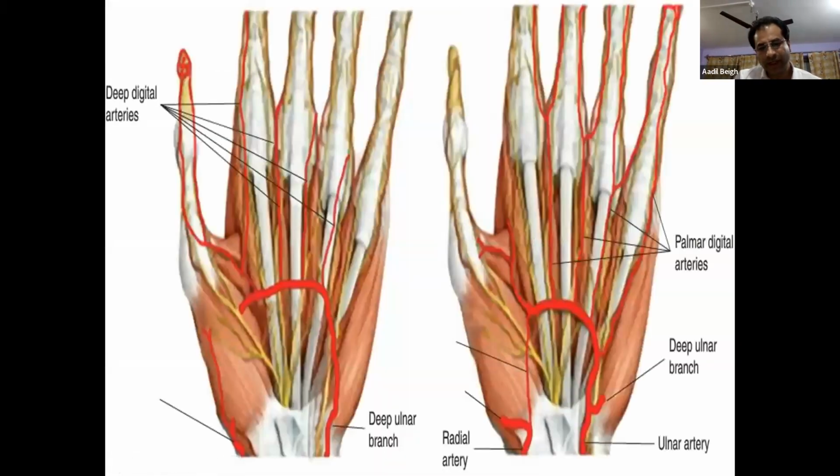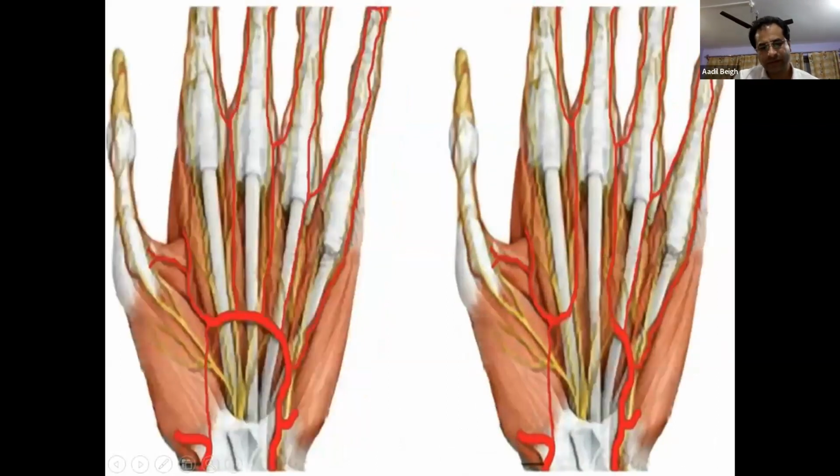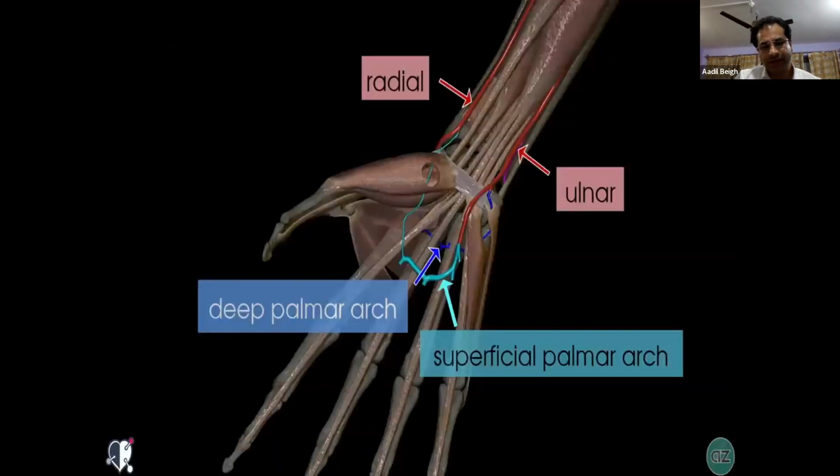The same thing at the wrist: the ulnar artery divides into the deeper branch and the superficial branch, and the superficial branch gives the distal arteries, and it joins the superficial branch of the radial artery, and also it gives the deeper palmar arch, which is joined by the deeper branch of the radial and the ulnar artery.